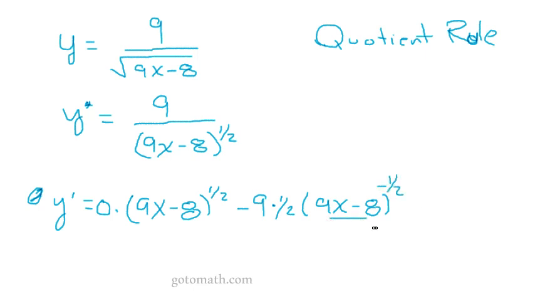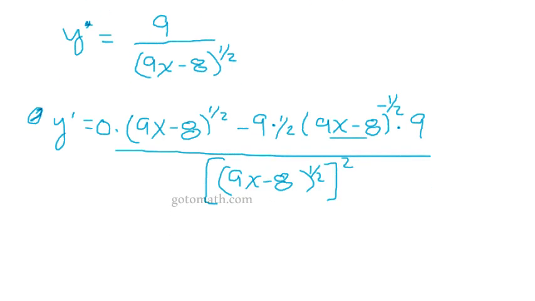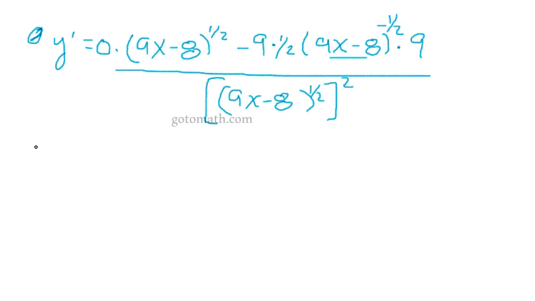And then we take the derivative of the inside, which is a 9. And then it's all over the bottom, which is raised to the half now, remember, but it's all over the bottom squared.